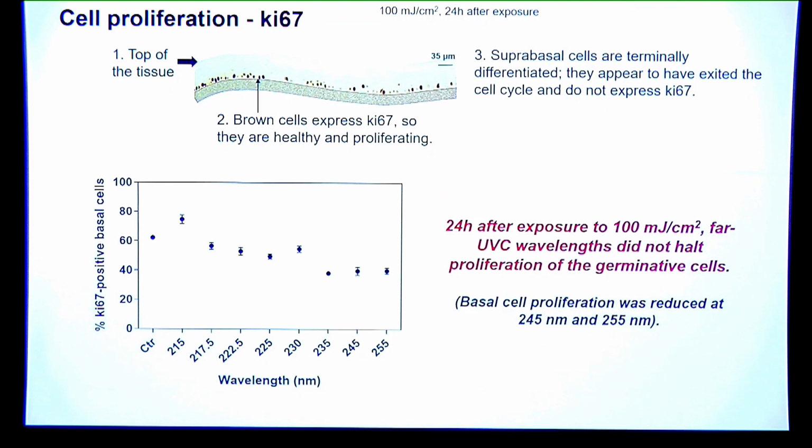So when you look at expression of proliferation, you see that at far UVC wavelength, the proliferation of these germinative cells is really similar to control. You might have a little trouble with higher wavelength, again 24 hours after exposure to 100 millijoule per centimeter square. So far UVC wavelength did not halt proliferation of the germinative cells.